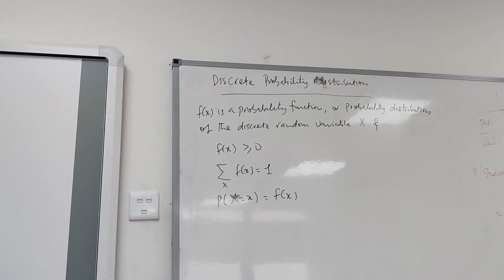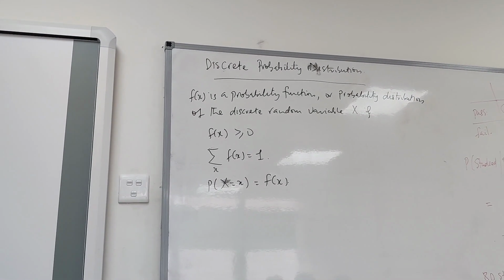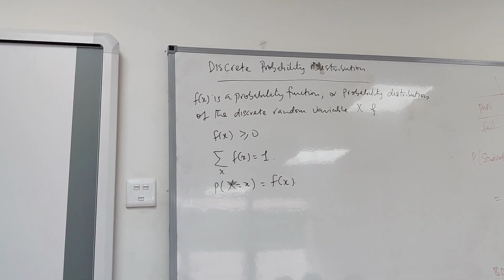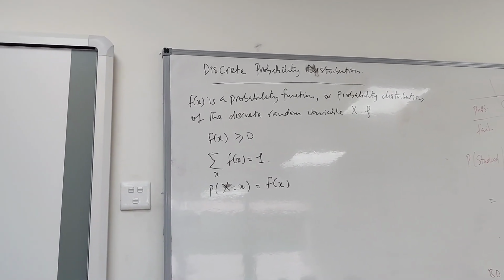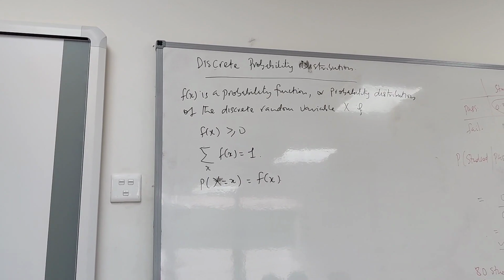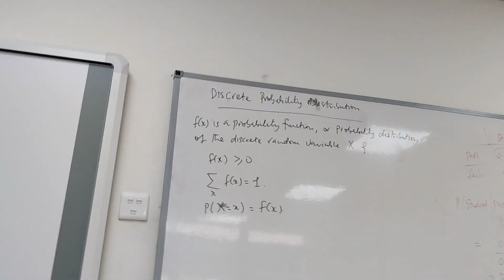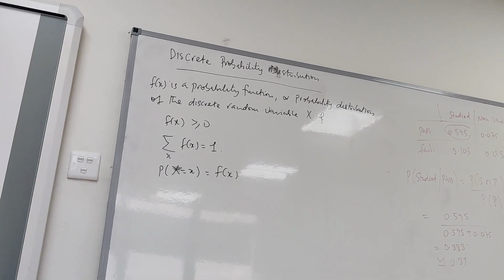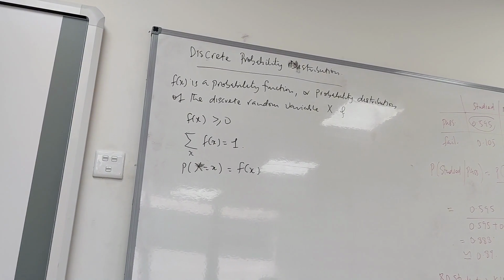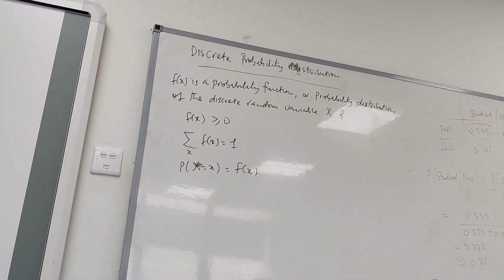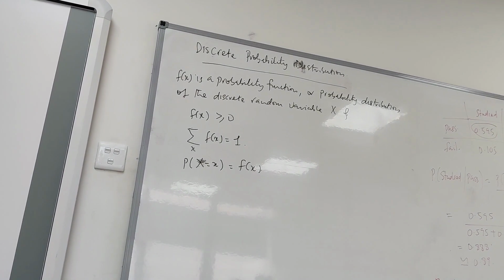If f of x is greater than or equal to 0, if the summation of f of x across x is equal to 1, and the probability of x equals f of x. So that is the definition for discrete probability distribution.